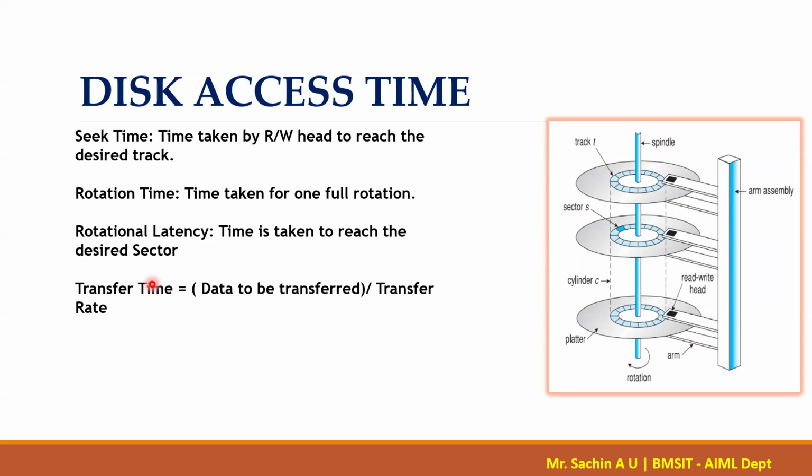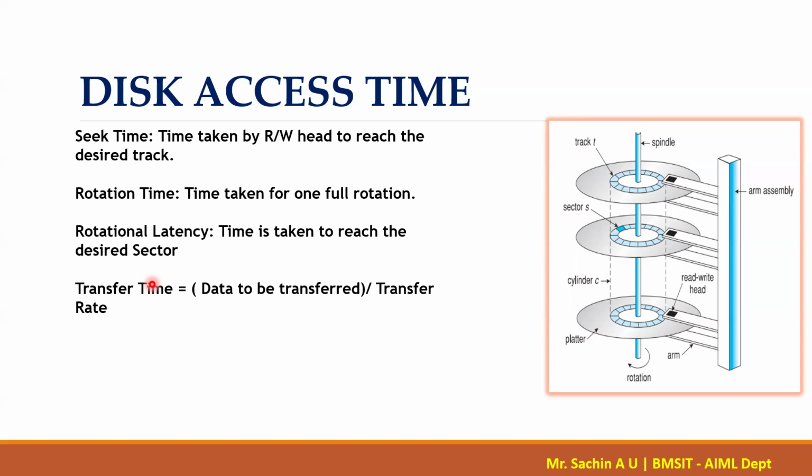But in that problem, they may also have given you the control time and the queue time. The control time is the time the operating system takes to hand over to the hardware.